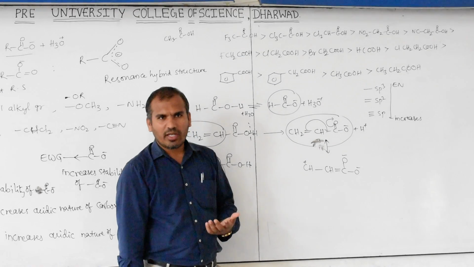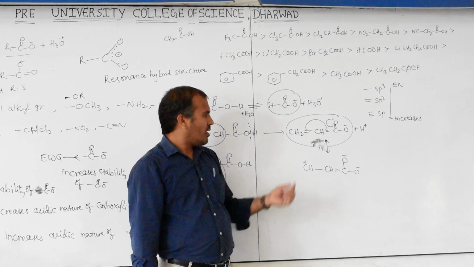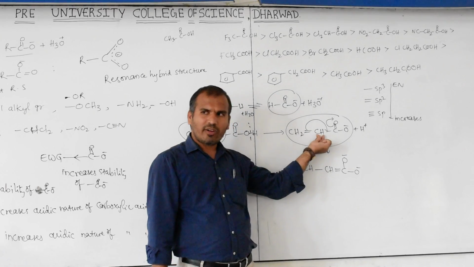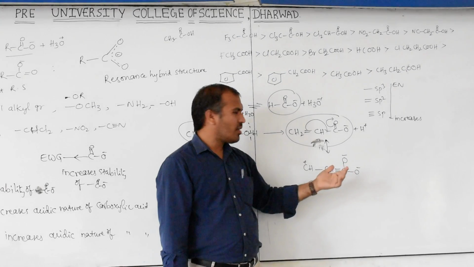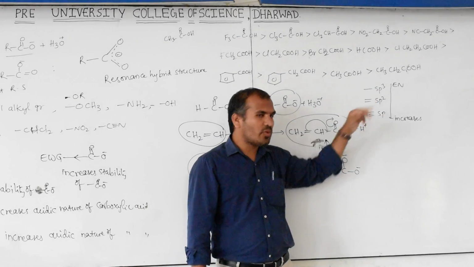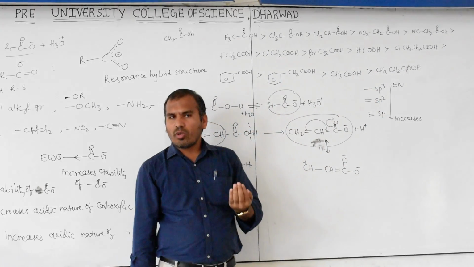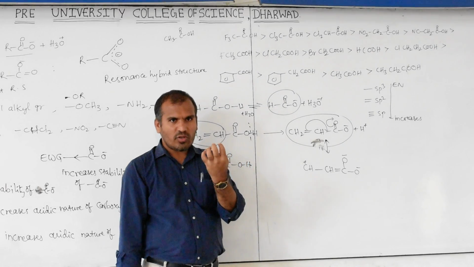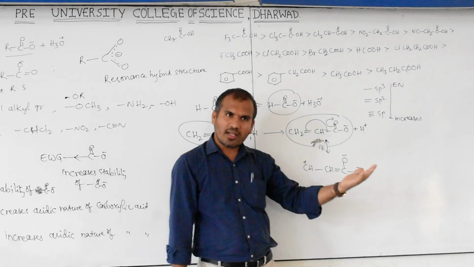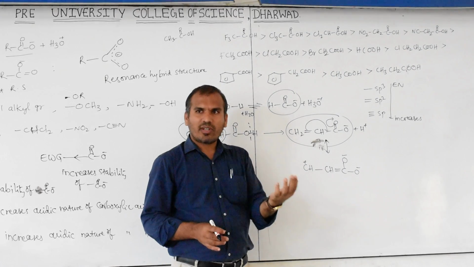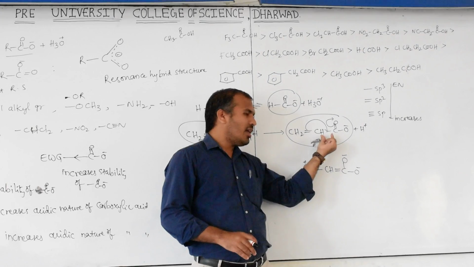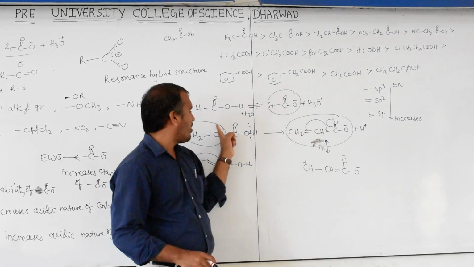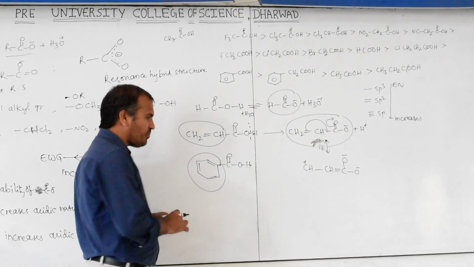Therefore, this carbon is which type? sp2 hybrid carbon. Compared with sp3, electronegativity is more, and more electronegativity means electron withdrawing. So here donor is there and withdrawing is also there, somewhat mutual, but withdrawing is the predominant character. Therefore, it is acidic. Similarly, you can consider benzene.